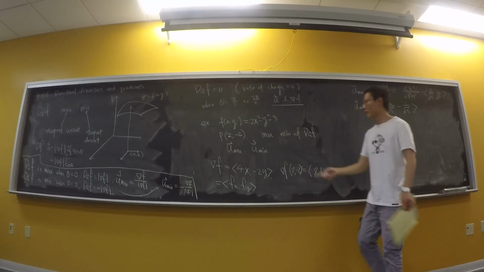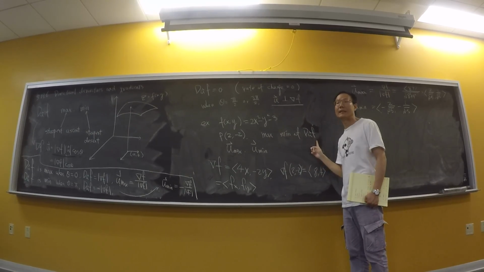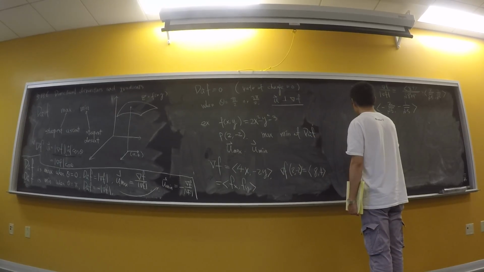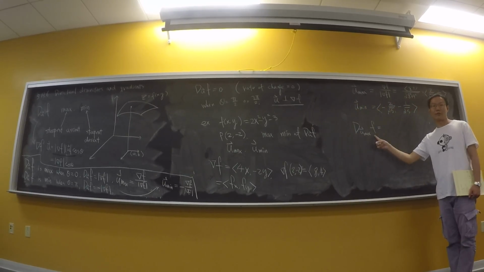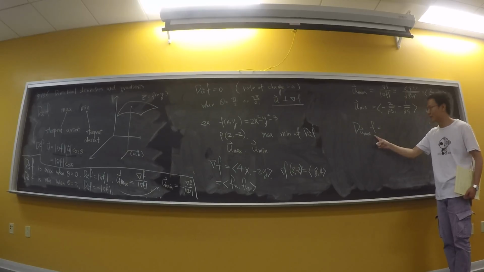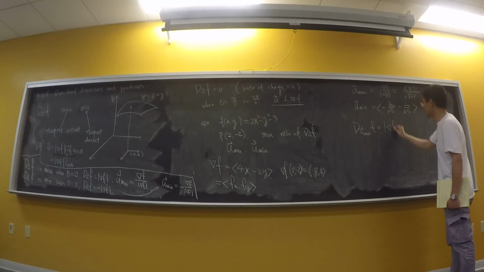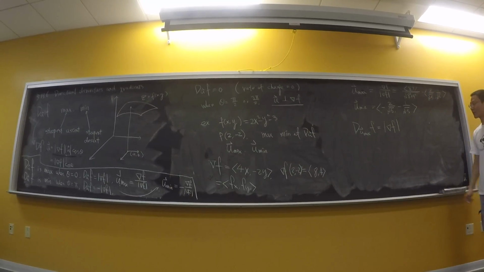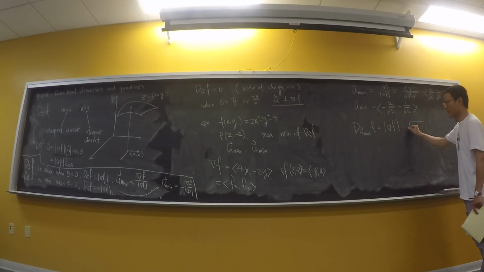Therefore, if I want to write down the maximum and the minimum value of my directional derivative, I can write them down explicitly. So the maximum is D_u in the maximum direction. This is exactly where I will achieve the maximum rate. So it is equal to the length of the gradient vector, which is the square root of 8 squared plus 4 squared.